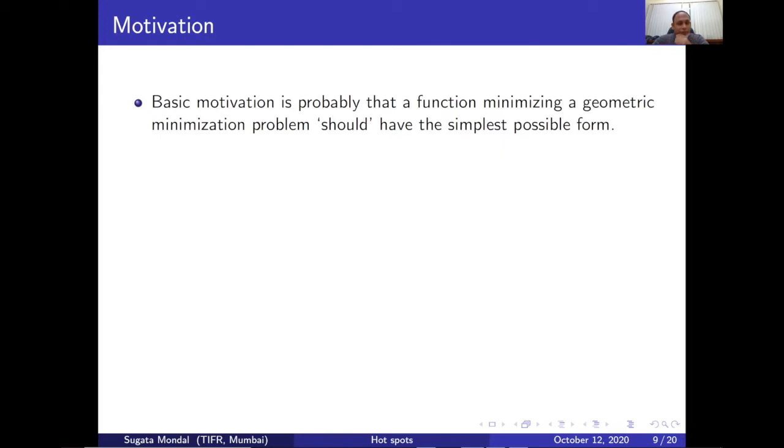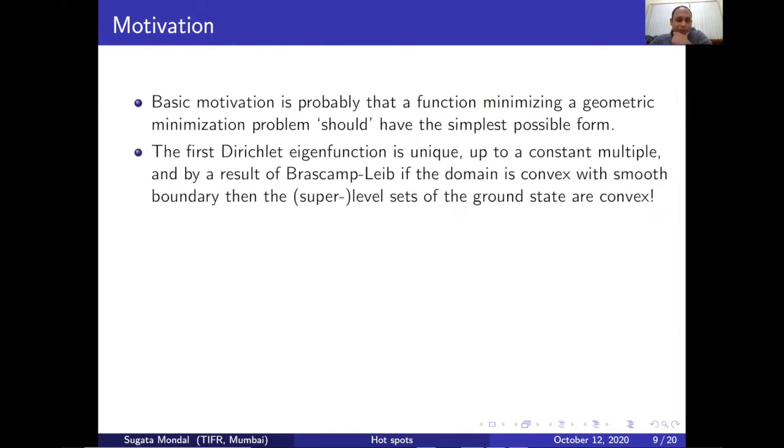Now I'm going to give you some motivation, at least that's what I'm calling it. The basic motivation in this kind of conjecture is probably that the function minimizing a geometric minimization problem should have the simplest possible form. This is actually the case for Dirichlet eigenfunctions. Namely, the first Dirichlet eigenfunction is unique up to constant multiple for any domain with nice boundary.